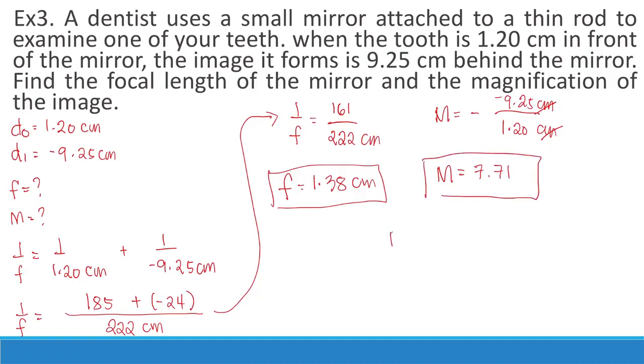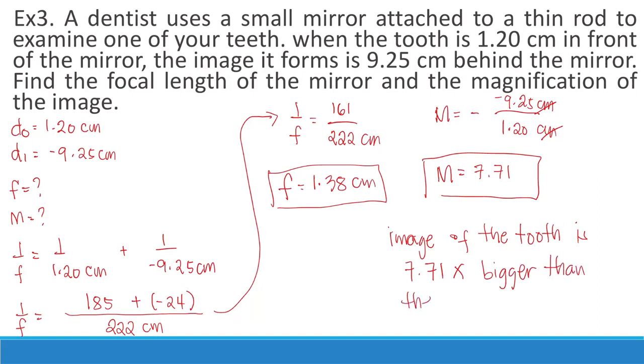This means that the image of the tooth is 7.71 times bigger than the size of the tooth.